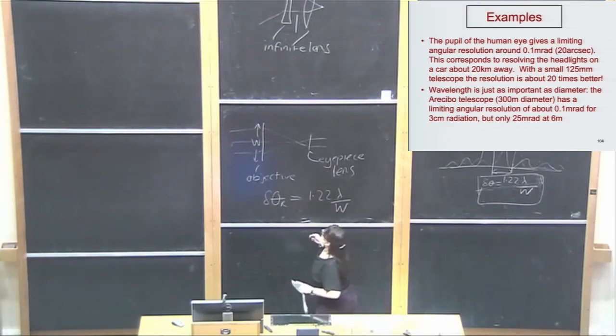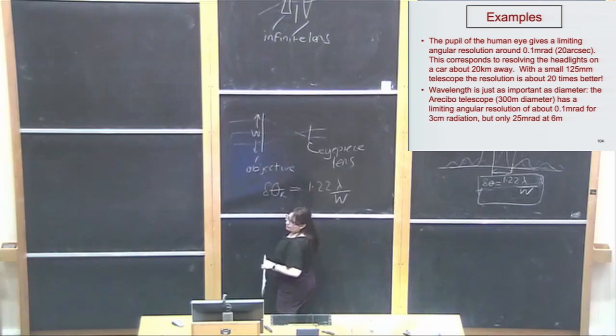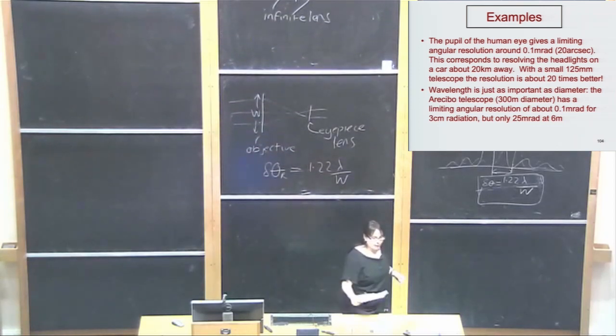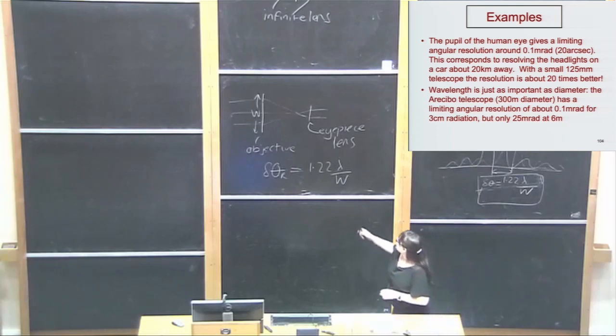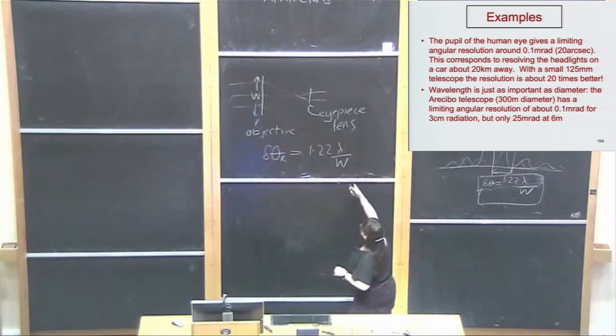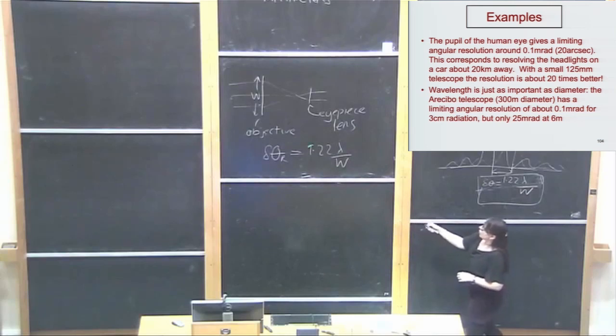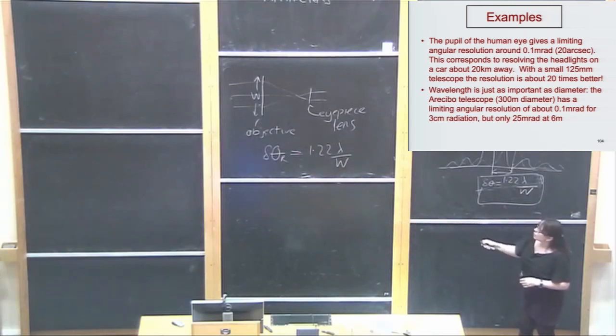So let's think about this a little bit more in terms of what it really means in real-world applications. As I said, the resolution depends not only on the size of your apertures, your lenses, but also on the wavelength.